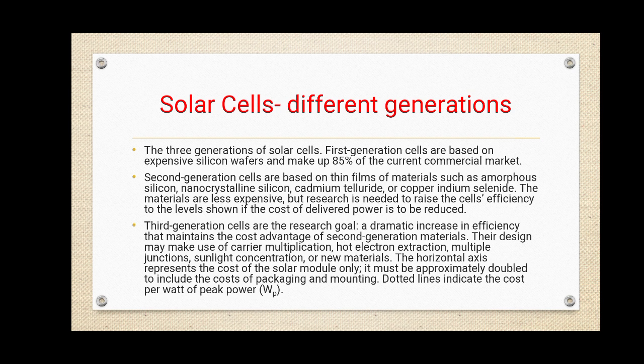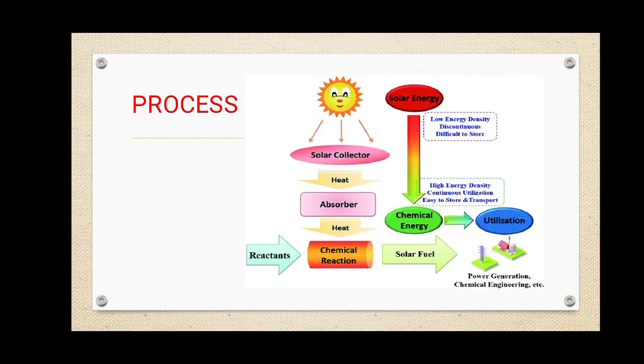So next I would like to show how the process of solar energy is used. We could see in this picture, it is not an animation but a picture, it clearly shows how a chemical reaction can give us energy, and how from the sun we can harvest the solar energy for our utilization. So the solar collectors give us heat and the absorbers use heat, which is then converted into a chemical reaction or solar fuel, and that solar fuel is next transferred to power generation.